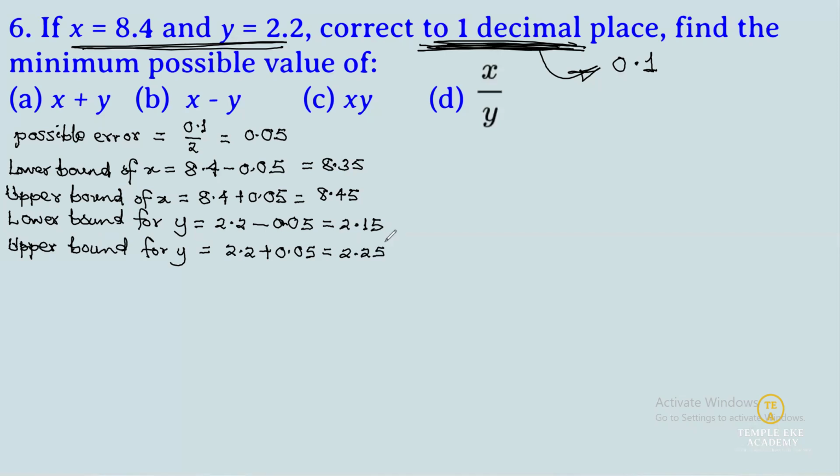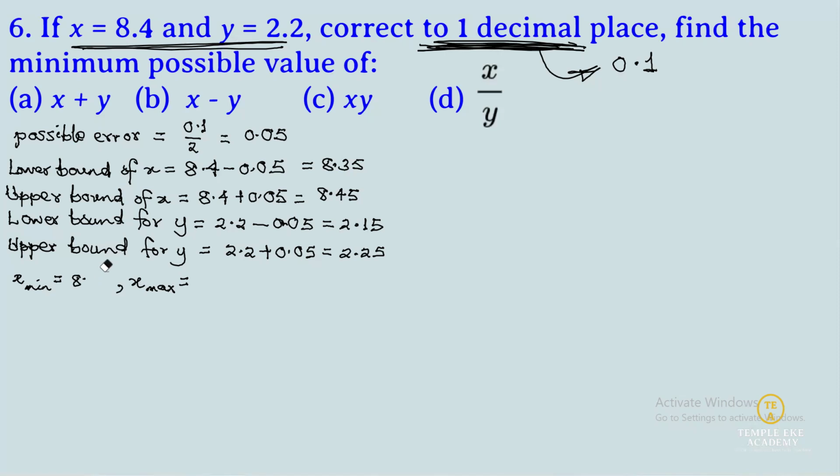Now the summary of our values in terms of maximum or minimum. The lower bounds represent the minimum and the upper bounds represent the maximum. So we can go straight away to say x minimum is the lower bound for x, which is 8.45. Oh, I have to take this correction here. That is not intended.